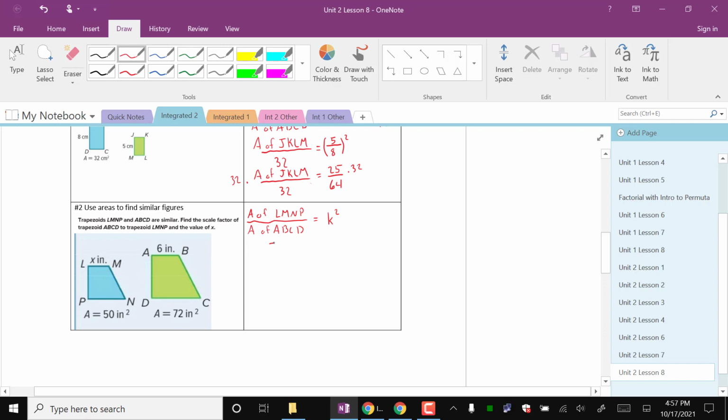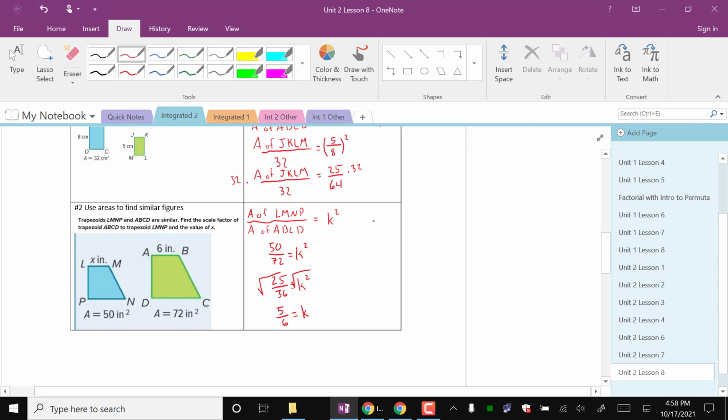This is going to be 50 divided by 72 equals K squared. I notice that I have some commonality between the 50 and the 72. So I'm going to divide out a 2 from both of those. And that's going to leave me with 25 over 36 equals K squared. Now I'm going to take the square root of both of those so I can get rid of that square. So that gives me 5 over 6 equals K.